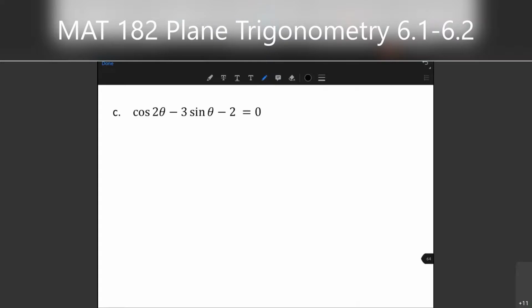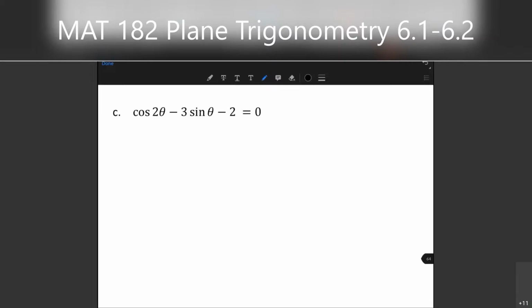Either I'd like to separate these two things, or I'd like to just convert the equation in terms of sine or cosine only. Usually it doesn't help to have multiple trig functions when we factor. So let's consider how we might represent this left side in terms of only sine or only cosine.